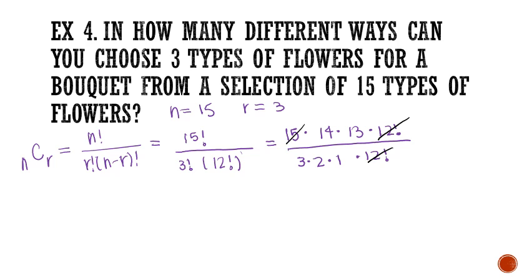Then 15 divided by 3 is 5, and 14 divided by 2 is 7, and then the 1, I don't really need to worry about that one, I could get rid of it. So multiplying this out, I get 455 ways to choose the flowers.